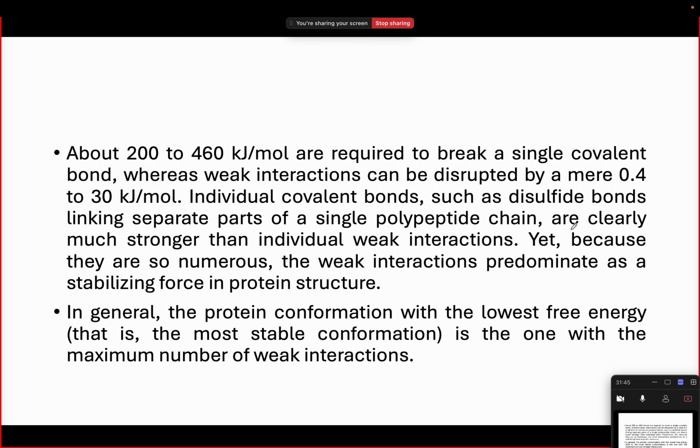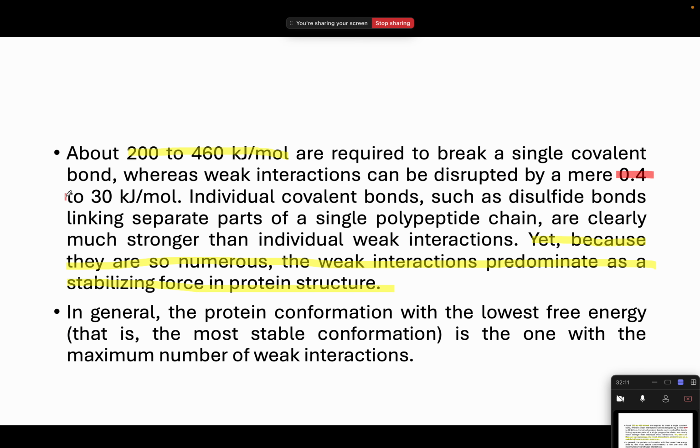So this is quite important, because we know that a covalent bond requires almost this many kilojoules per mole of energy, which means wherever the covalent bond is present, the structure will be stable. And if we look at the energy required to destabilize a non-covalent interaction, it is merely 0.4 to 30 kilojoules per mole, which is somewhat easily accessible within the biological system, right?